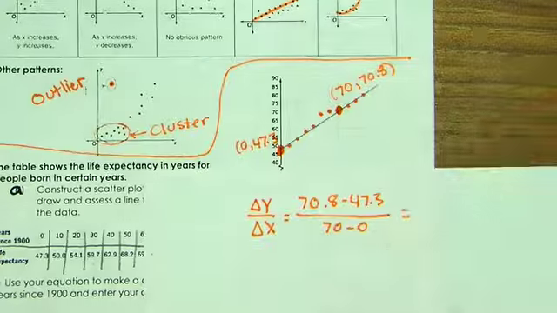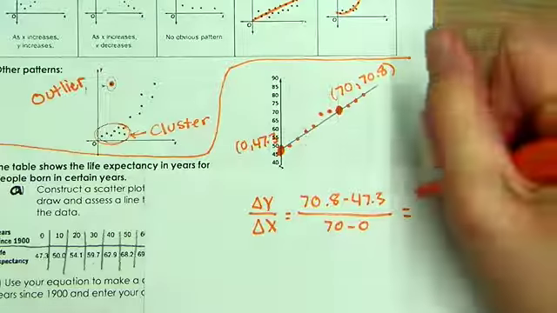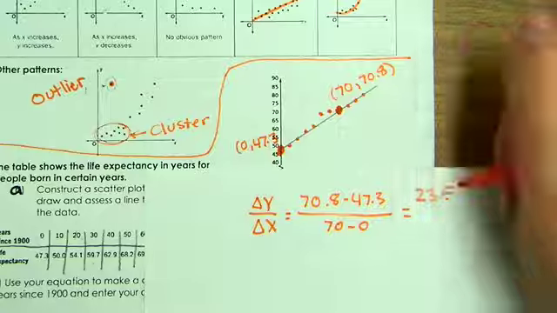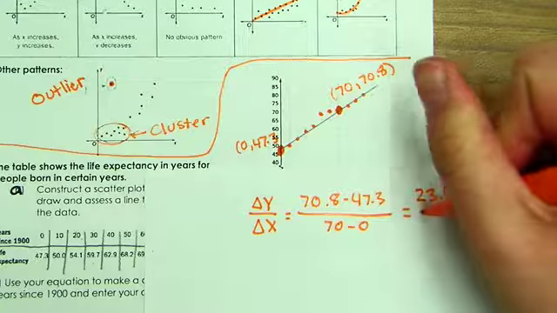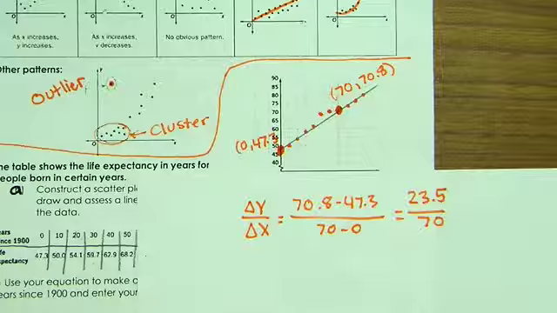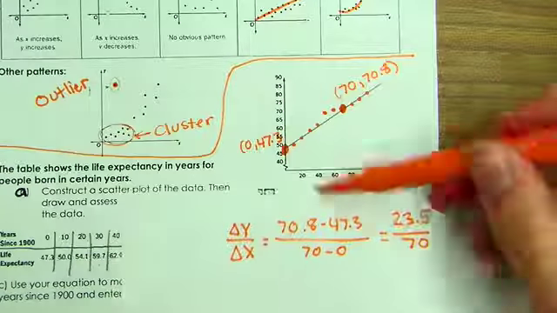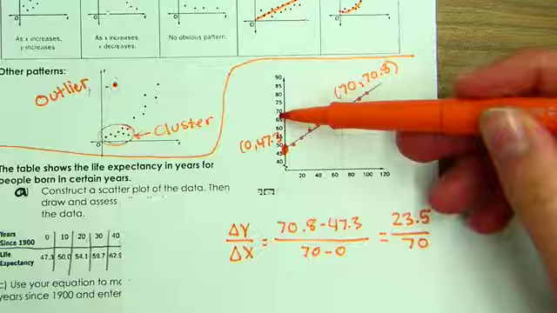So if I plug this in on my calculator, we get 23.5 over 70, and we're just going to leave that there, but about every 70 years, we go up about 23.5.